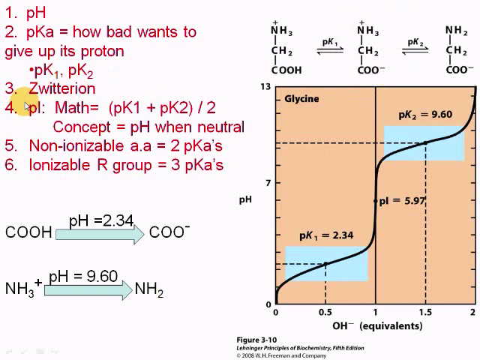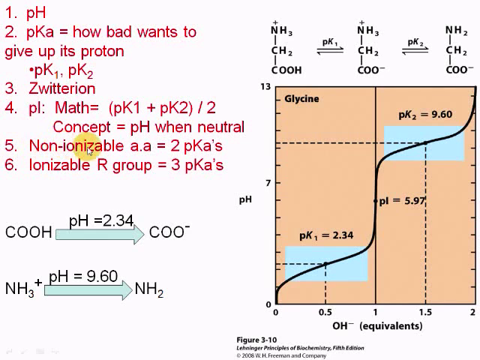And then we have this new term called pI, and it has a math definition and a concept definition. The math definition is pK1 plus pK2 divided by 2. The concept is that this is the pH when your amino acid is neutral. So it's the pH when we have our zwitterion.